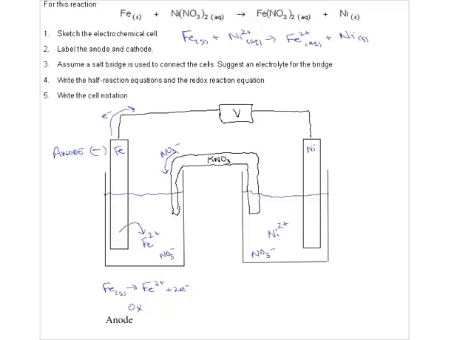At the same time, as these electrons are coming back to the nickel, nickel 2+ is going to go and gobble them up right away. So we're going to see nickel 2+ accepting these electrons to produce nickel metal. And this is going to be the reduction half reaction, which makes this the cathode, because the cathode is the site of reduction.